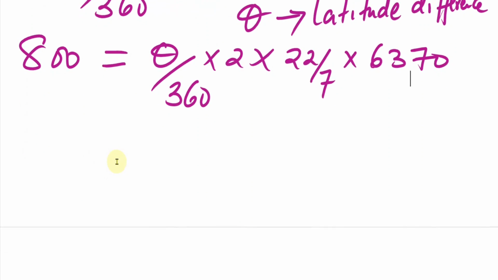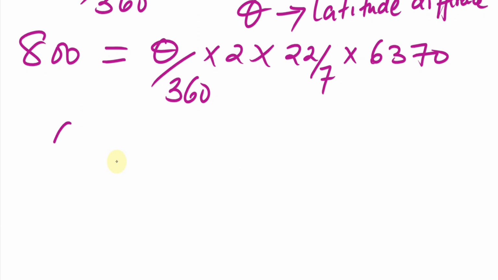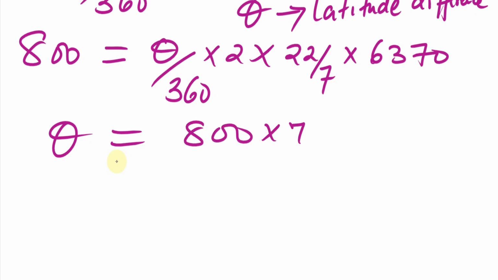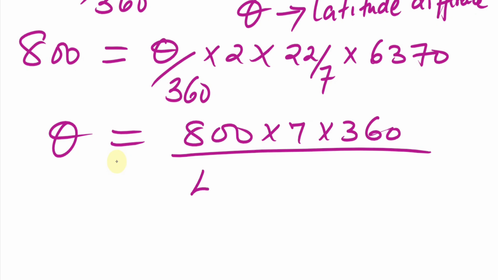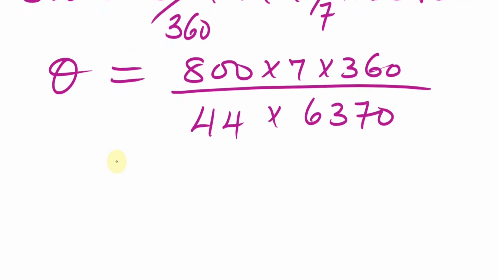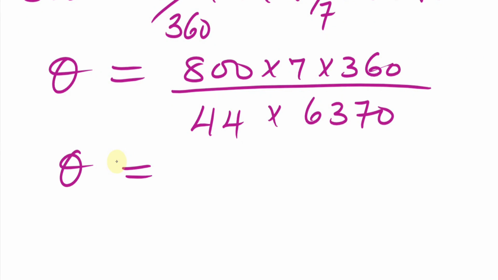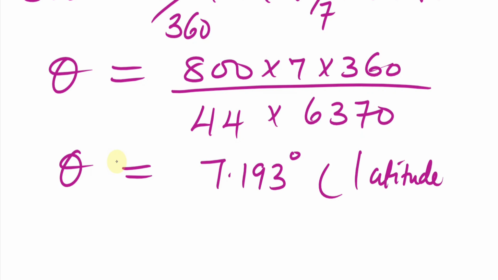So theta will be given by 800 times 7 times 360, everything divided by 44 times 6370. When you work this out, you get the latitude difference as 7.193 degrees.